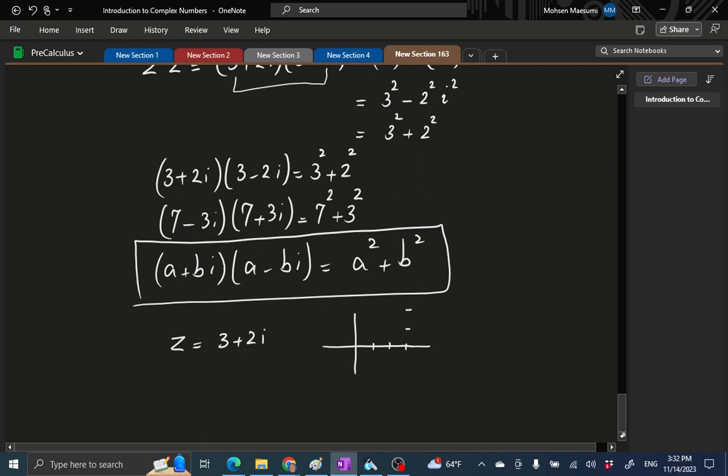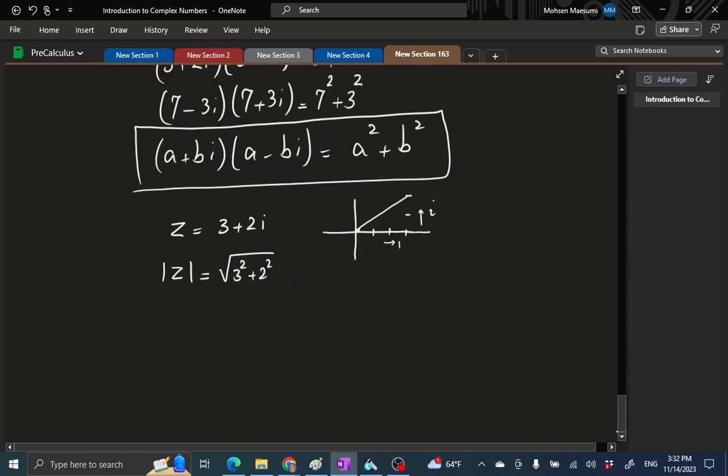So if you go in this direction, you're going in direction of i, and this is in direction of just 1. Well, what's the distance from beginning to the end? Well, that's the hypotenuse. We show it like that: absolute value of z, or modulus of z, is square root of 3 squared plus 2 squared.